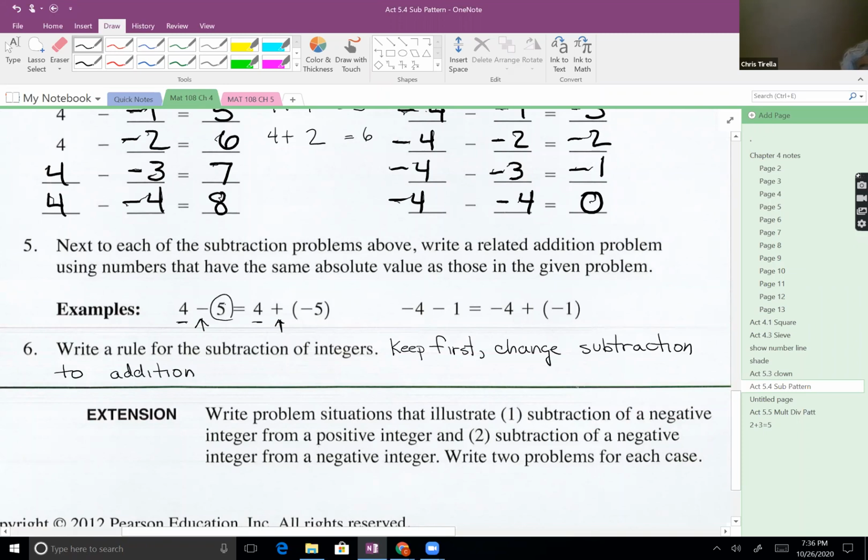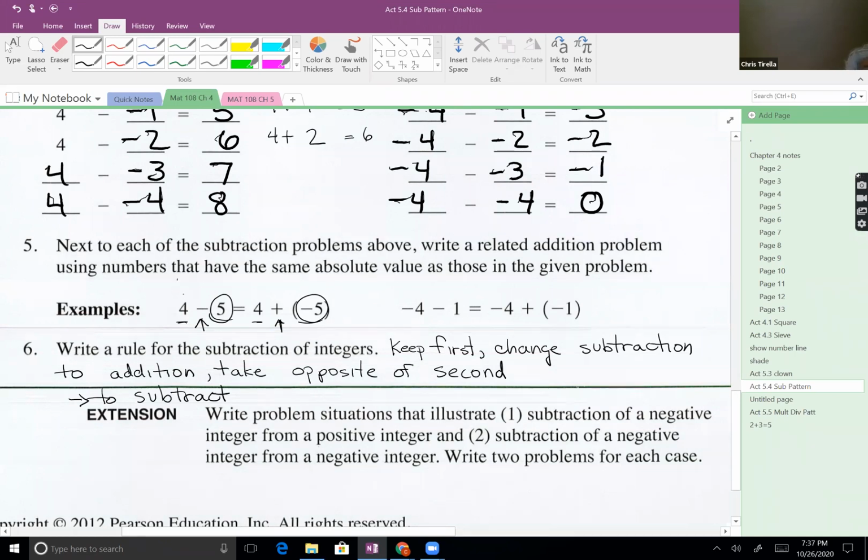And then don't we take the opposite of the second number? Or to subtract, you add the opposite. I also learned to stay flip switch. Yep, that's exactly what we're saying here.